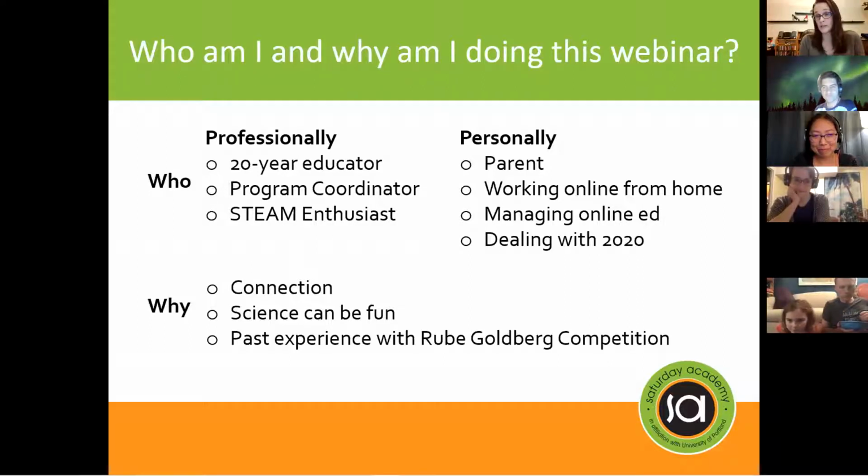I have a daughter, so we're managing online education from home, which means managing schedules and workloads, trying to figure out our Wi-Fi bandwidth and if we can all be on meetings at the same time, or if we drop, who has priority in meetings. So all sorts of lovely things with online ed. And then just dealing with 2020.